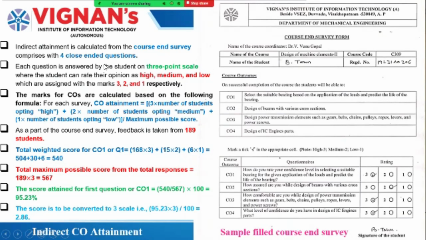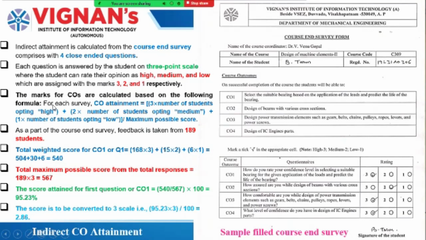This is divided by the maximum possible score. So here, 168 into 3 plus 15 into 2 plus 6 into 1, that is 540. But the maximum possible score will be 189 into the maximum score, always 3, that is 567. The percentage will be 540 by 567, that is 95.